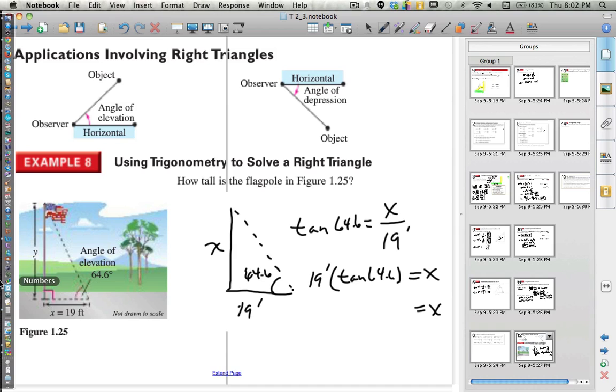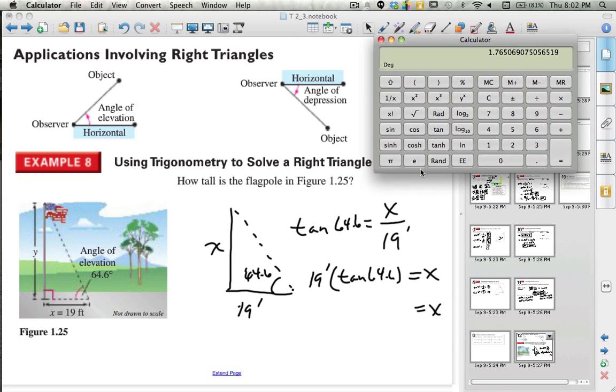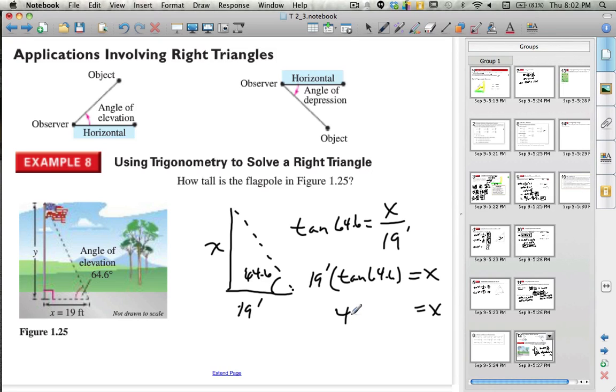So if I pull out my calculator again, I can find 64.6 tangent and multiply it times 19, and I get 40.014 feet. So basically 40 feet.